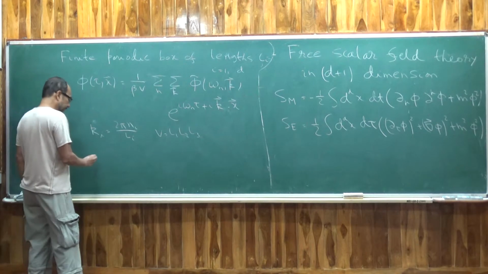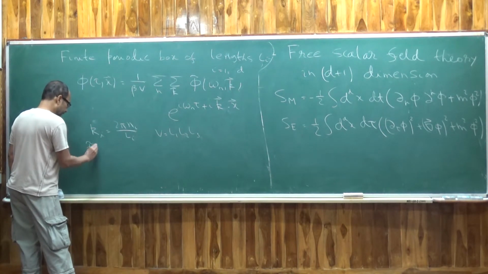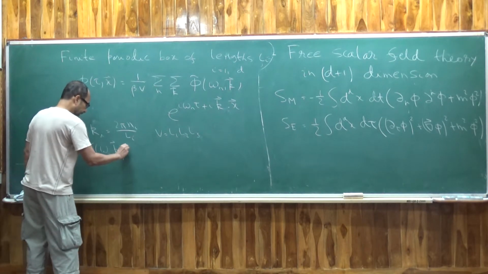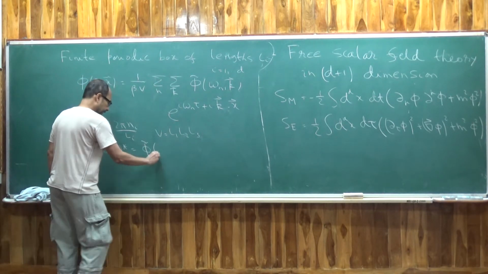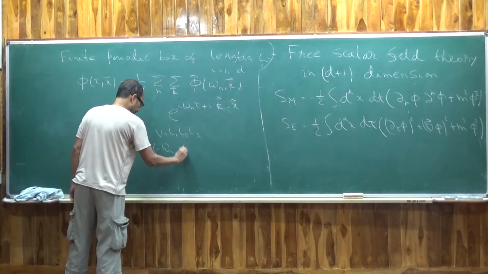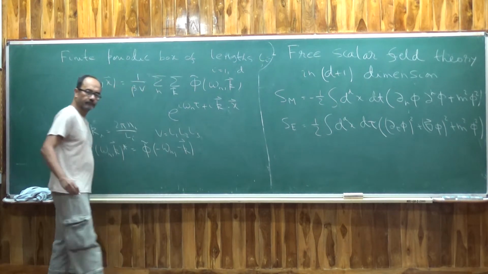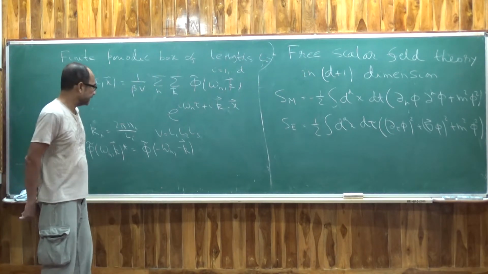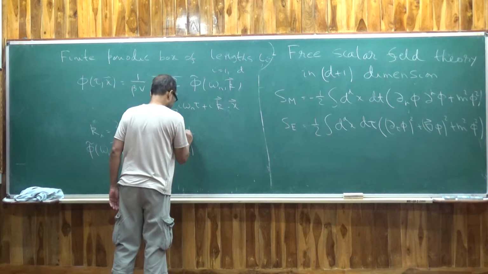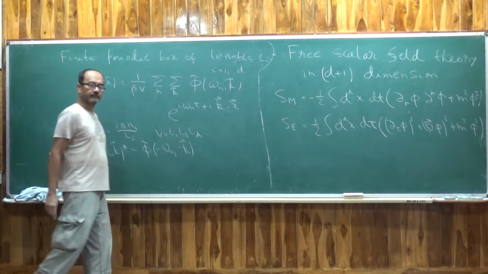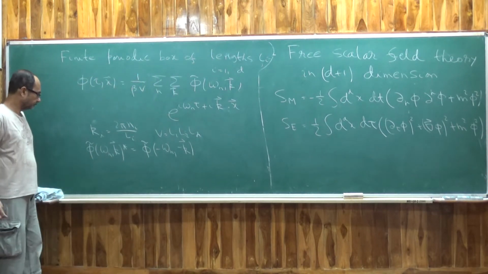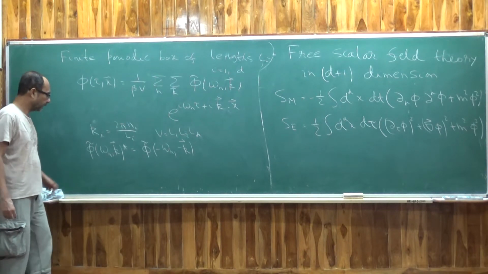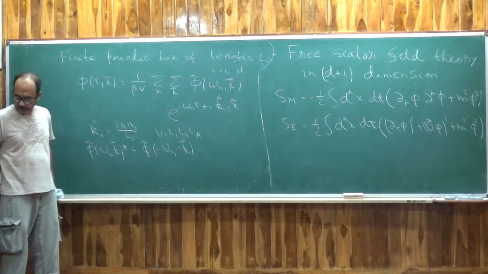And the reality condition is phi tilde star of omega n, k is equal to phi tilde of minus omega n, minus k. The volume is L1 into up to L_D. Eventually, of course, the volume will go away.